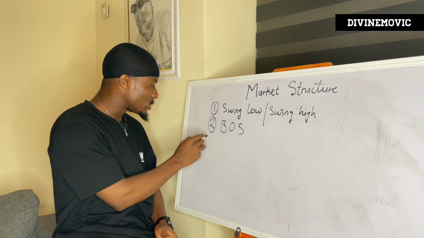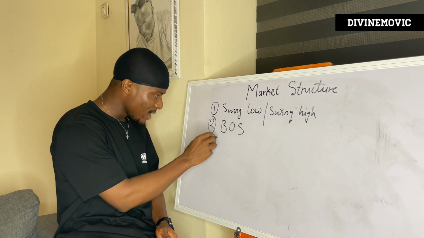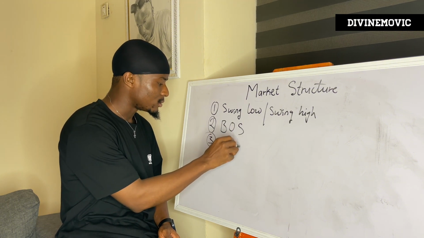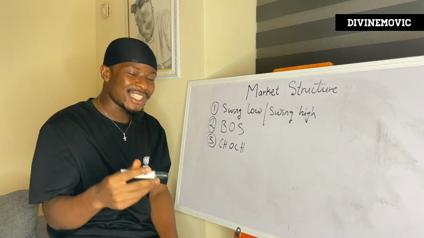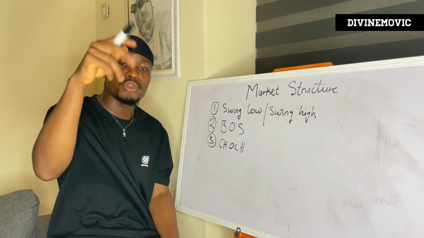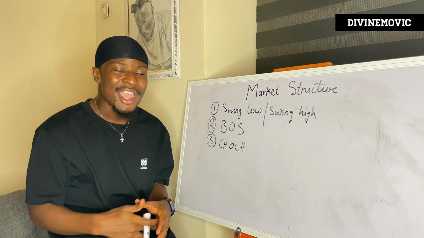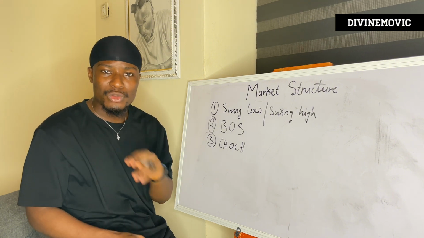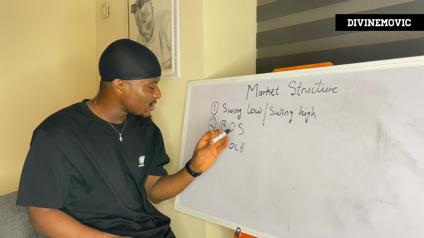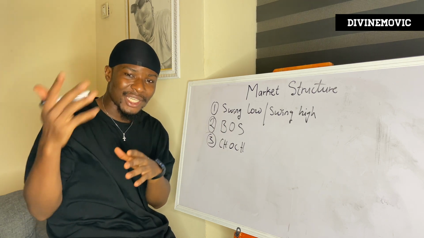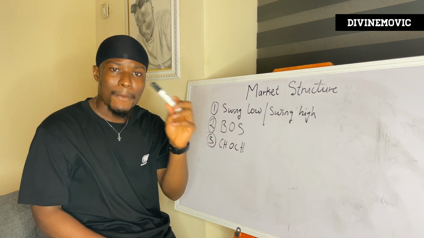Now, the third one is referred to as change of character. A change of character is simply what tells us that a price that is going up is likely going to start going down, or a price that is going down is likely going to start going up. So, the difference between break of structure and change of character is that one is a continuation pattern and the other is a reversal pattern.